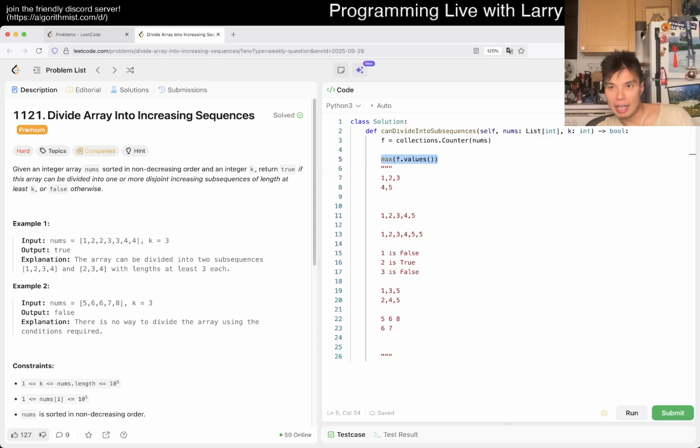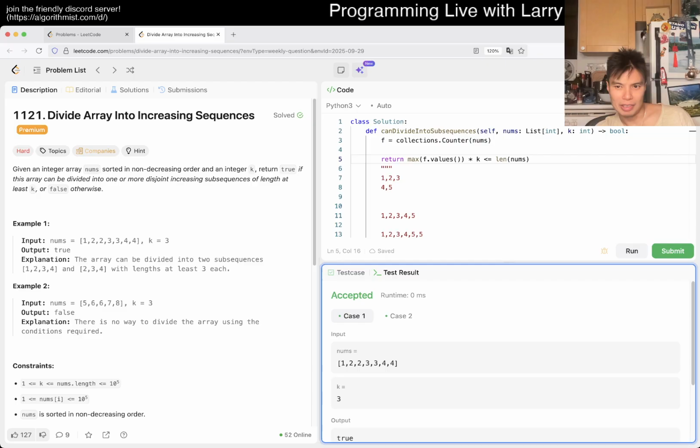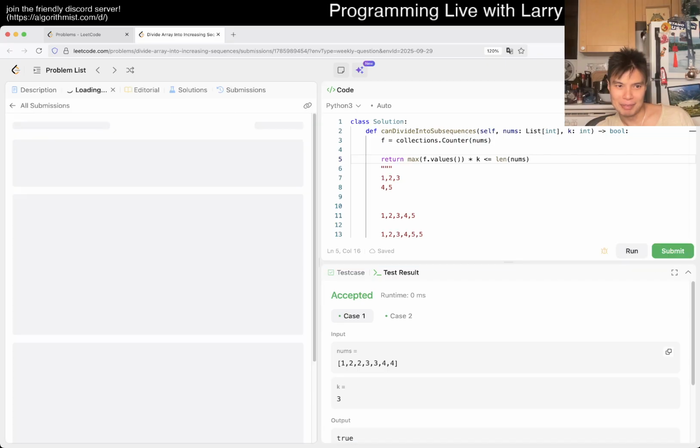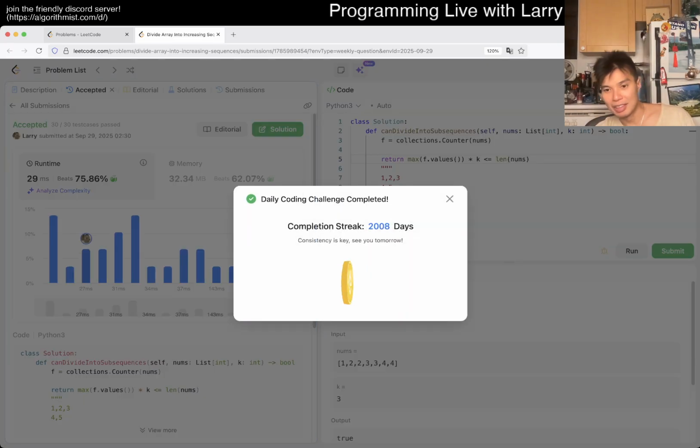So that means that we have at least this times k if this is less than or equal to the length of nums. Let me just return this, right? I don't know if this is true. YOLO submit. Give me a wrong answer. Okay, I don't know.